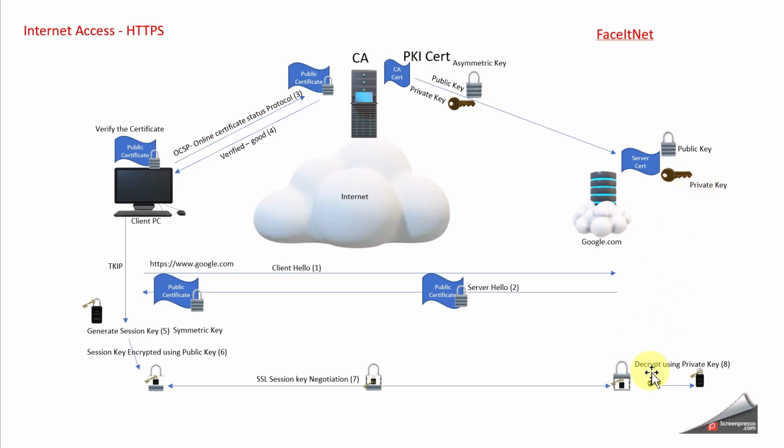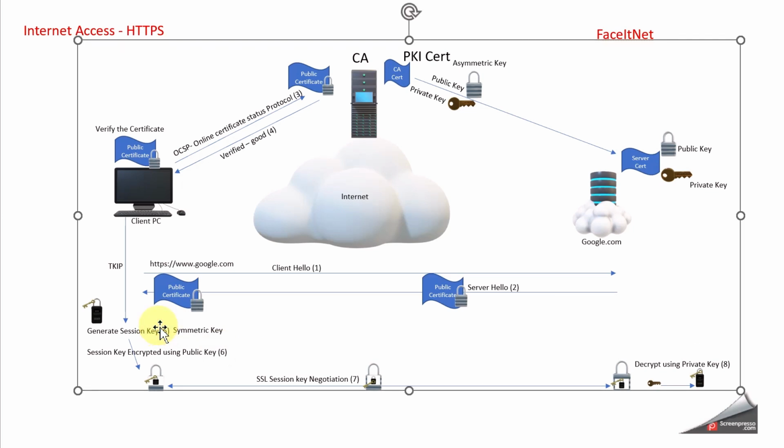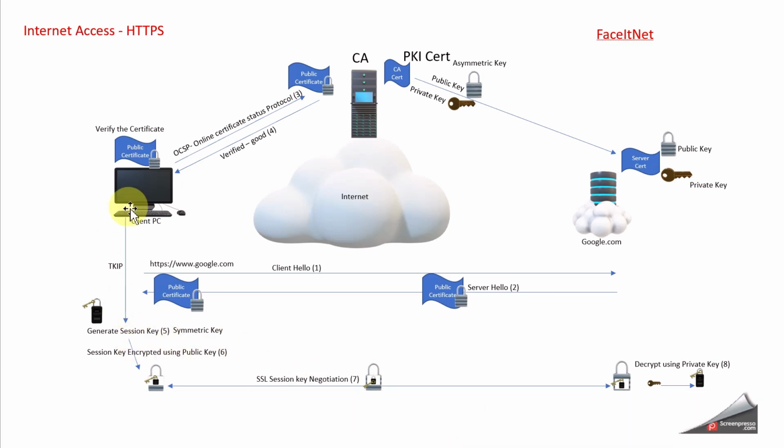So using the private key, it decrypts it and receives the generated key pair. So now both client and server have the newly generated pair of keys. One key is for encryption, the other for decryption. They're going to use one to encrypt the communication and the other for decryption, and both parties now have the keys.